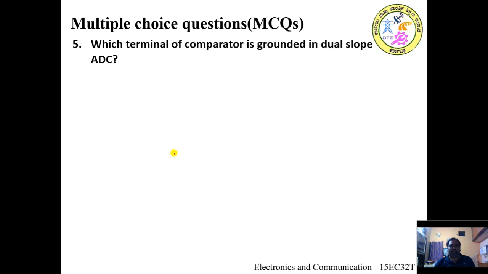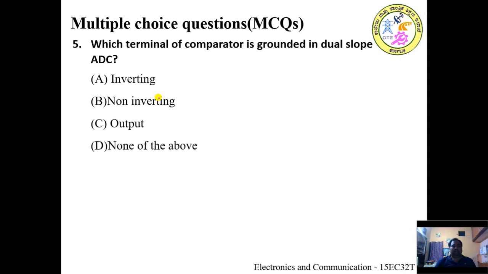Fifth question, which terminal of the comparator is grounded in dual slope ADC? Inverting, non-inverting, output terminal, and none of the above.